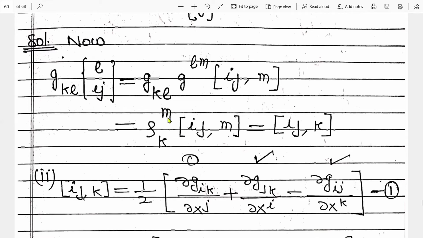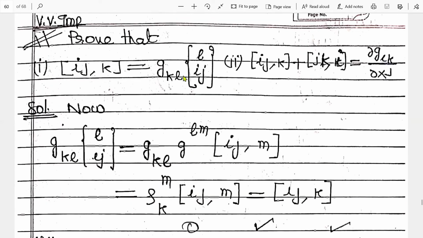So when we put m in place of k, the value is 1, otherwise 0. So this product will be converted into [ij,k], in place of m we use k. So that is our result, that is our first part result.